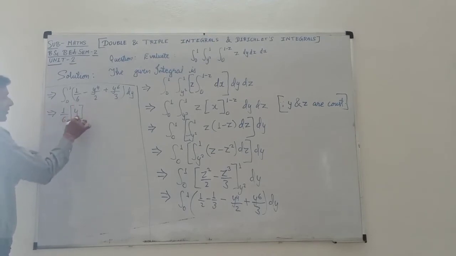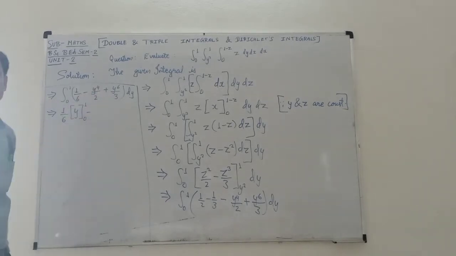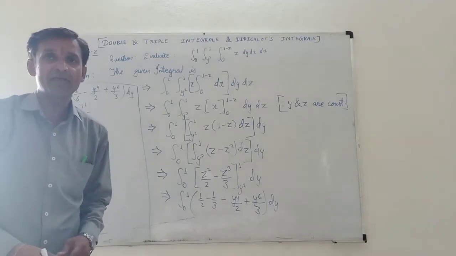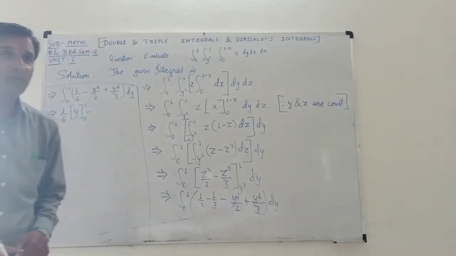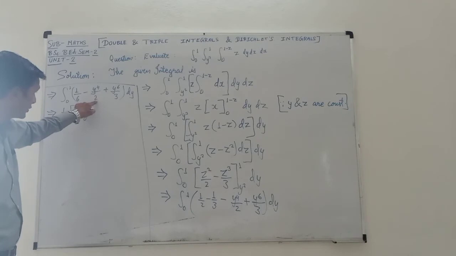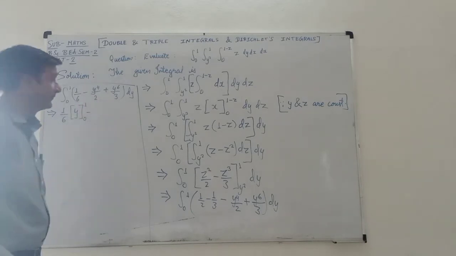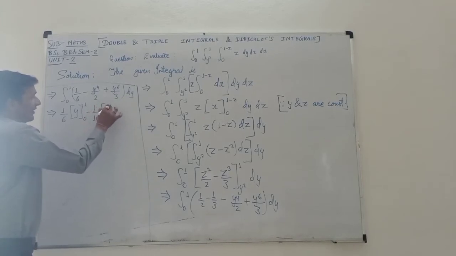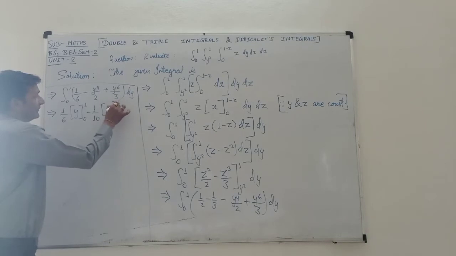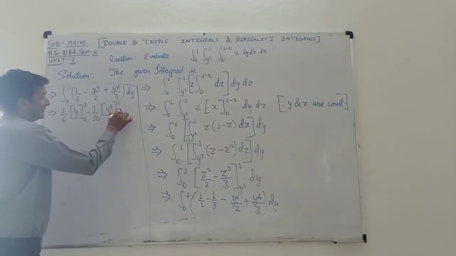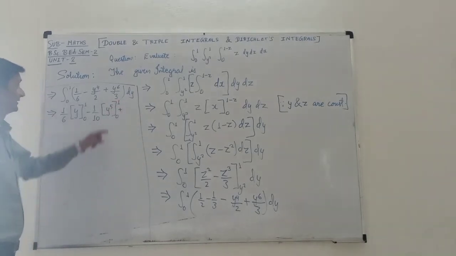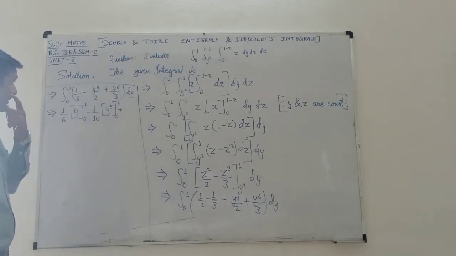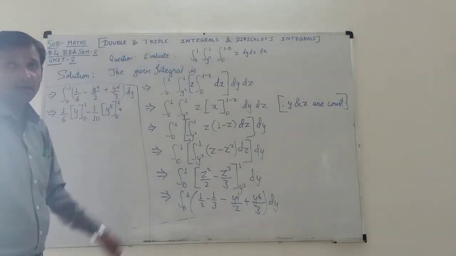1 by 6 is taken out because it is constant, y from 0 to 1, and then minus, y raised to the power 4 integration will be y raised to the power 5 upon 5. That 5 is multiplied by 2 in the denominator, so it will become 1 by 10, y raised to the power 5 from 0 to 1, and then plus, again y raised to the power 6 becomes y raised to the power 7 upon 7.